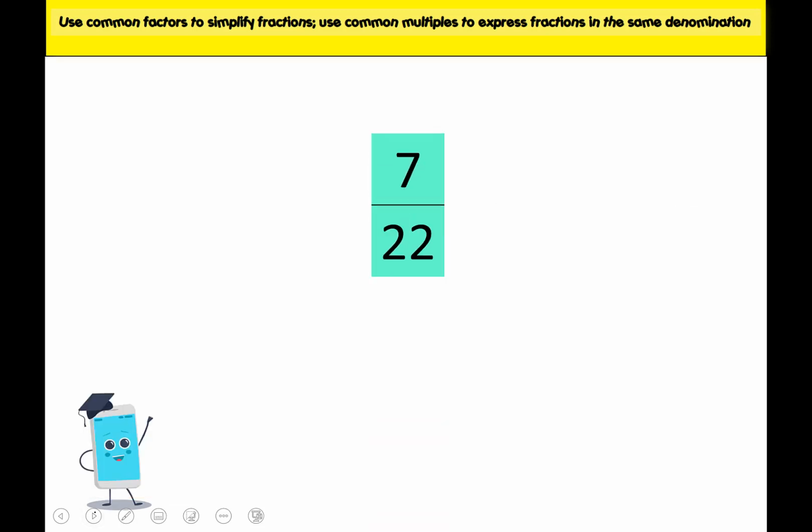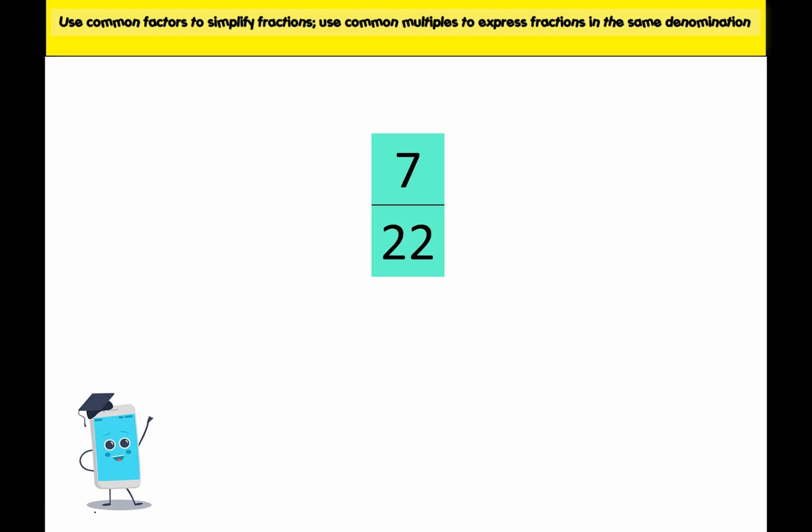We have 7/22s. Is this in its simplest form or not? So I might start by listing my multiples of 7 and listing my multiples of 22. They're not both even numbers, so I can't halve it, so I do need to list my common factors.